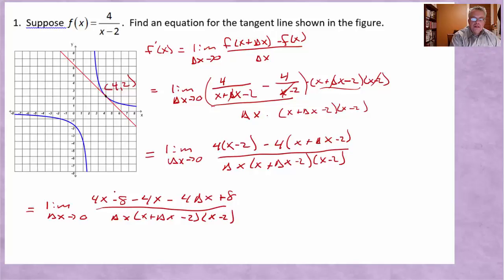Now, let's see what cancels. We have a 4x and a minus 4x. We have a negative 8 and a plus 8. All that's left is that thing. So this is the limit as delta x goes to 0 of negative 4 delta x, all over all this stuff.